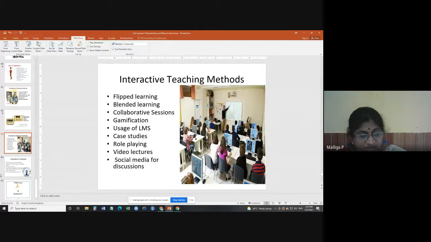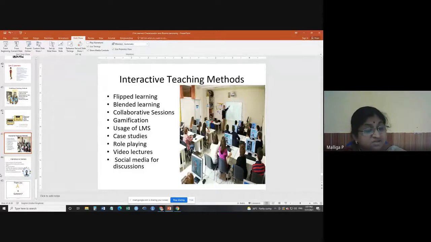As a teacher, you have to cater to all types of learners. So how can you do that? Apart from your teaching, you have to share the content in a variety of ways. You have to share a video, a podcast, a learning material, a text material, or a graphic, or an image, or an immersive technology.